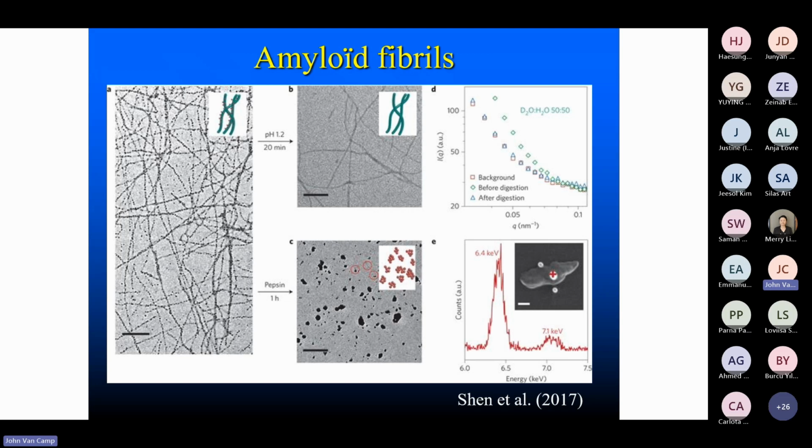So it's a thread-forming structure that can protect a couple of compounds when they are passing through the GI tract. In the second line of experiments here, they made a complex between iron and the amyloid fibrils.